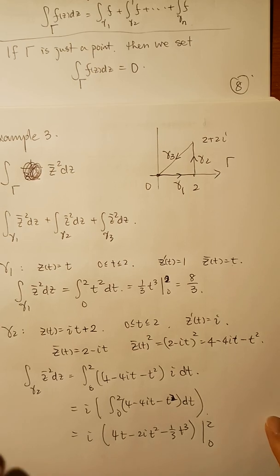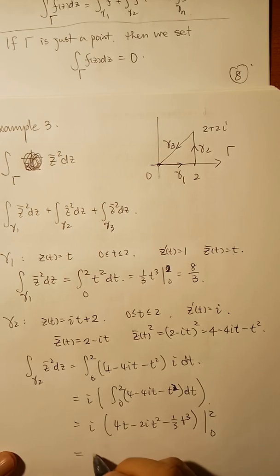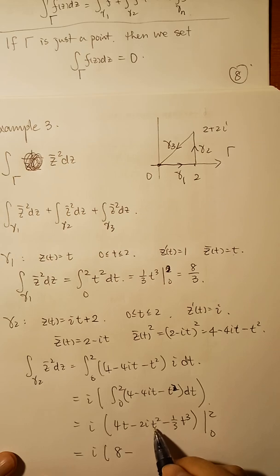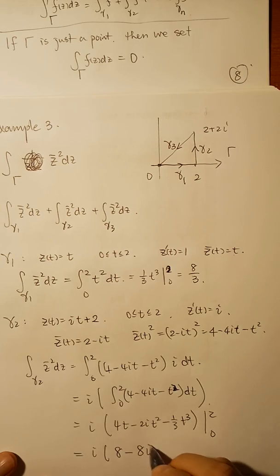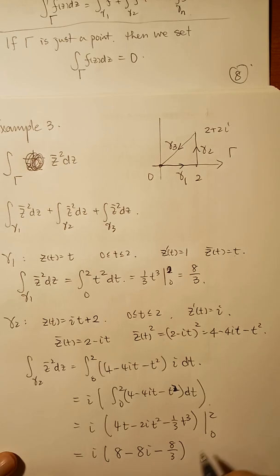I check with the textbook. My computation is not that correct, it looks. Okay, whatever, let's try to compute. So when t is 2, you get 8 minus 2 squared is 4 times it's 8i minus 8 over 3. When t is 0 it is 0.